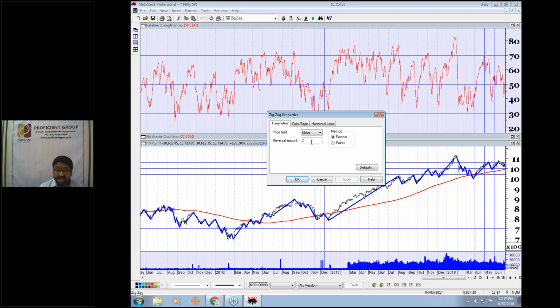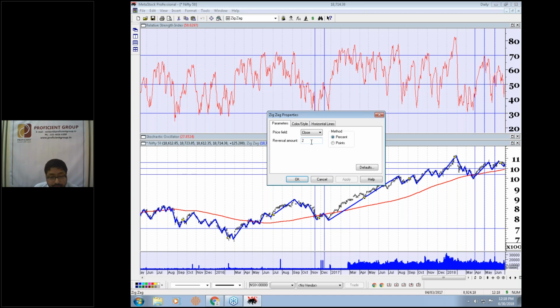It says that any movement which is less than 2% from top to bottom, from the highest point to the lowest point, is taken as noise by this filter, and this filter will not show any noise. It will not show any movement which is less than 2% from top to bottom or from bottom to top.